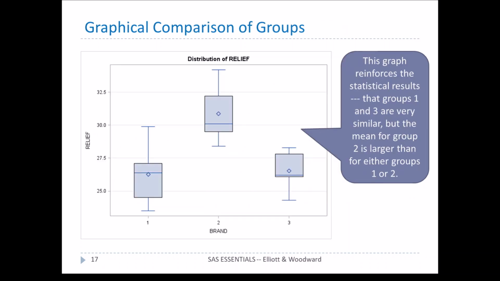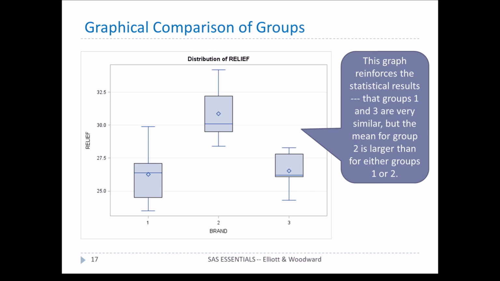Another way to look at that is with a box and whiskers chart. So here we see brands 1 and 3. The box and whiskers plots are overlapping, and they're down toward the lower end of the scale of relief, and then brand 2 is higher, and we can visually see that brand 2 resulted in a higher mean overall than the other two brands.